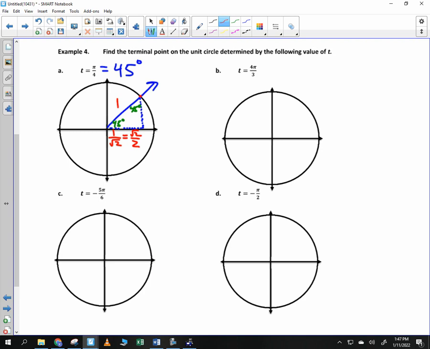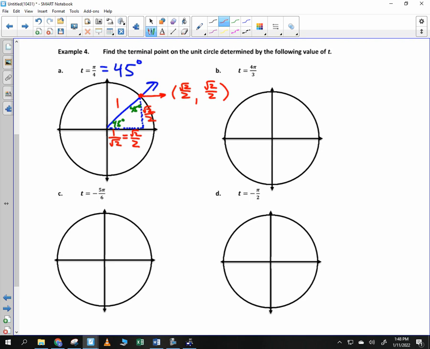So if I know that the bottom leg is the root of 2 over 2, how about this up and down leg? It's the same thing. So therefore, this coordinate right here is going to have an x value. The x value is this part, and the y value is this part.